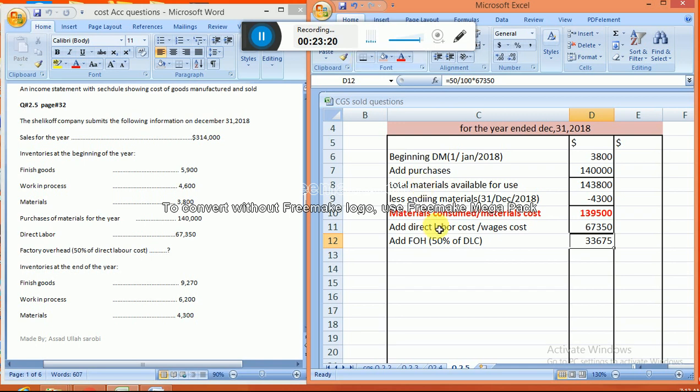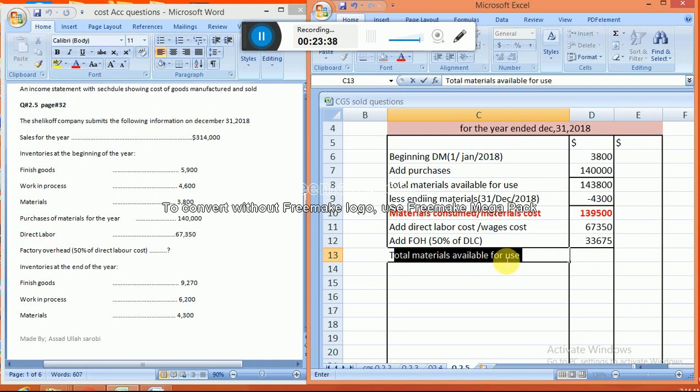Now look at direct material cost plus direct labor cost plus factory overhead cost. This is called manufacturing cost or factory cost. So now the total manufacturing cost, also called total factory cost.